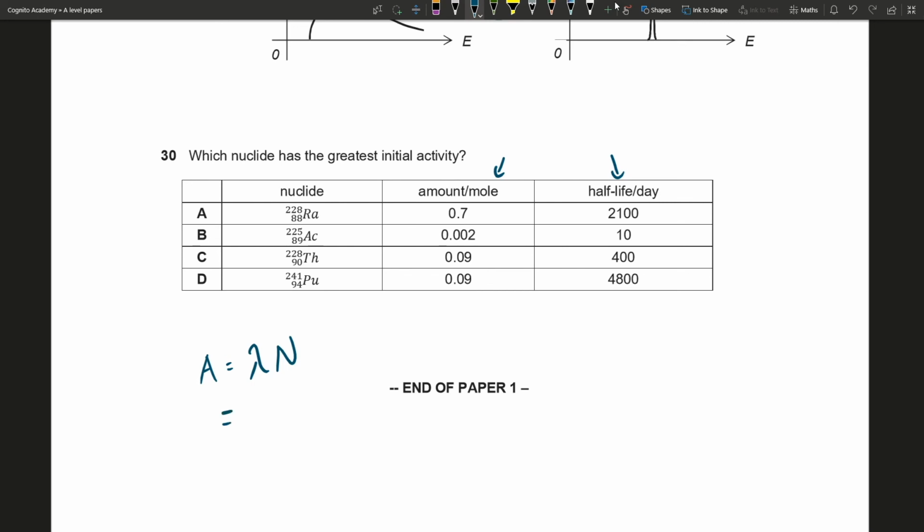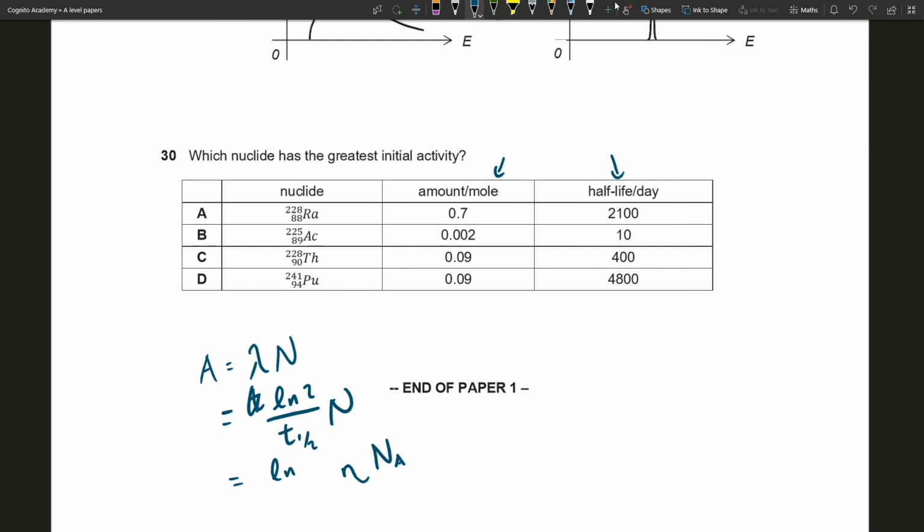And remember that our radioactive constant is given by ln 2 divided by our half-life, and times N. And remember that N is given by the number of moles, which I'll put as small n, times Avogadro's constant. That's just the definition of the mole.